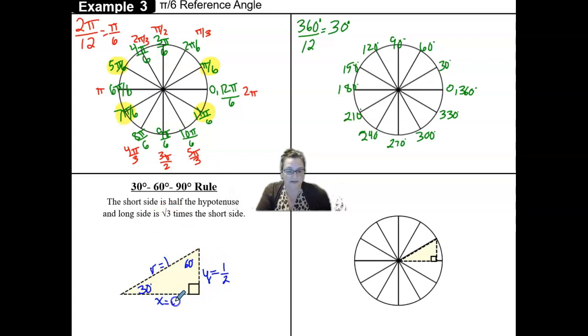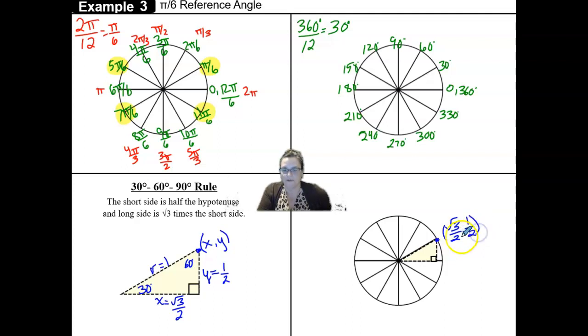So x is equal to the square root of 3 over 2. And that would be the coordinate where the terminal side of the central angle intersects the circle at x comma y. So the coordinate here at pi over 6 has an x of square root of 3 over 2 and a y of 1/2.